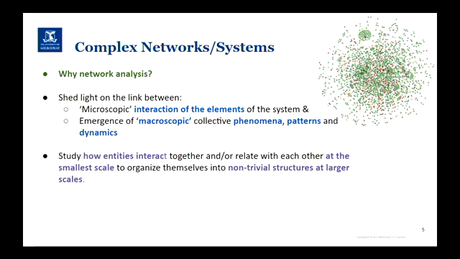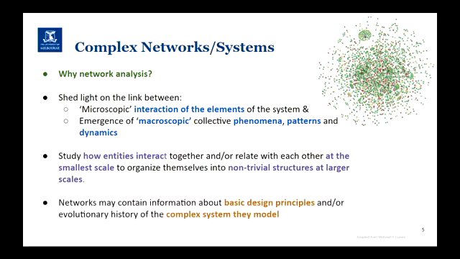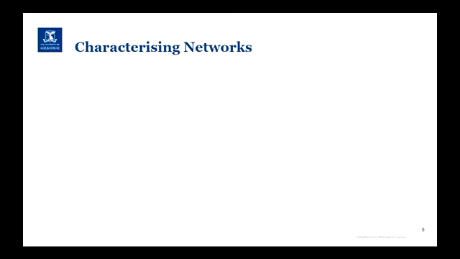We basically want to study how entities, our nodes in our graph, interact at a small scale, how they organize themselves and collectively bring up non-trivial structures and behaviors. And we aim to understand networks to come up with basic design principles, for instance, to better understand the biological phenomena that we model. And for that, we use complex system modeling.